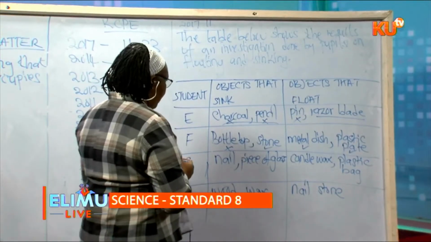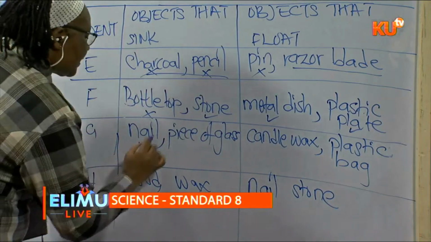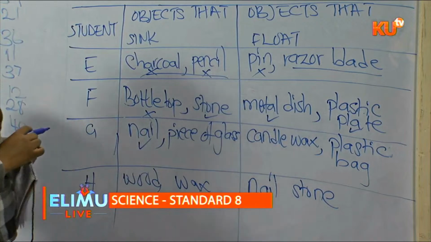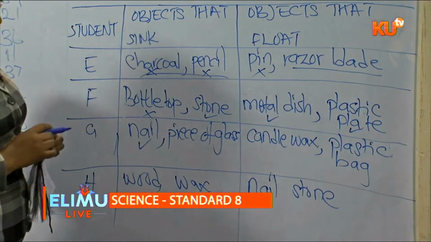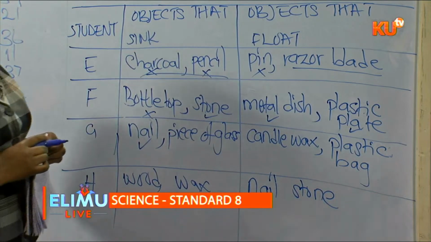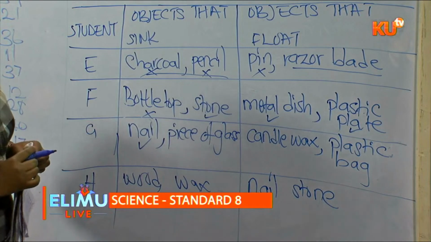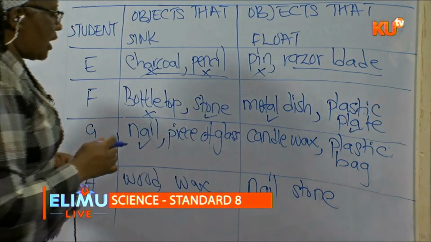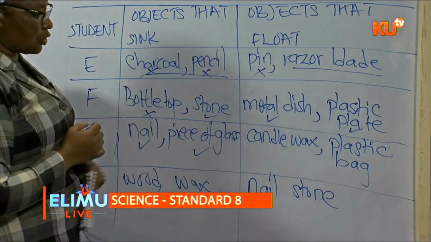Now we move to G. A nail can sink because of its material. It is made of metal. A piece of glass is a sinker because all glasses, whether big or small, whether a rod of glass or a glass, can usually sink, so it is in the correct column.